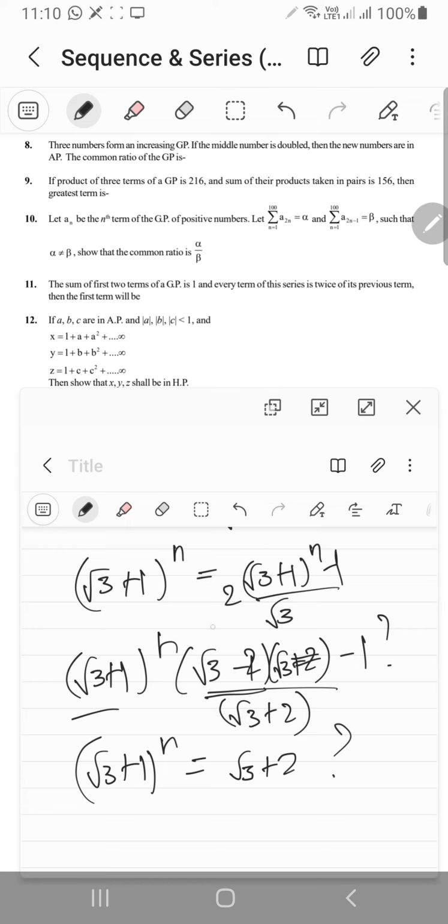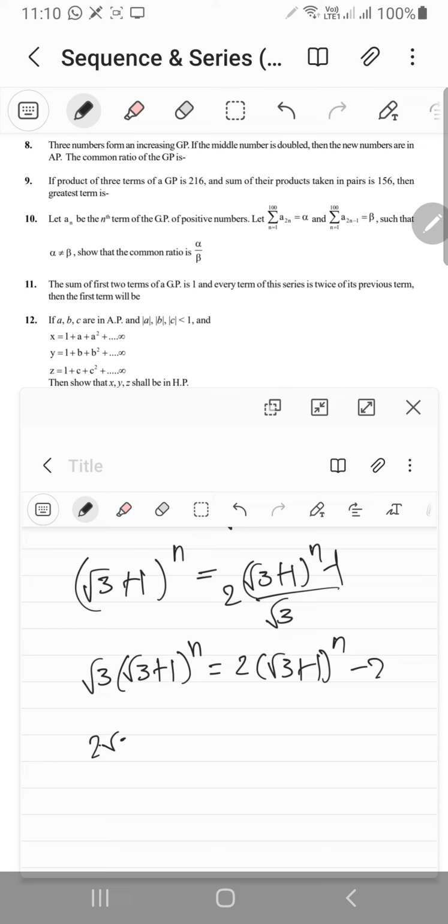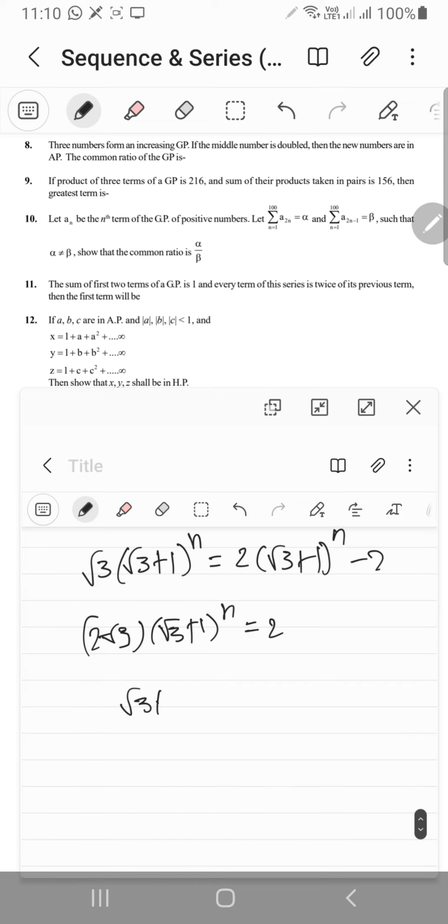Oh, this is negative 2 over there, I think. Okay, wait. This would just be square root 3 times square root 3 plus 1 to the power of n equal to 2 times the square root 3 plus 1 to the power of n. That means 2 minus square root 3 times square root 3 plus 1. Right, that just means square root 3 plus 1 to the power of n equal to 2 upon 2 minus square root 3, which is basically 2 into 2 plus square root 3.